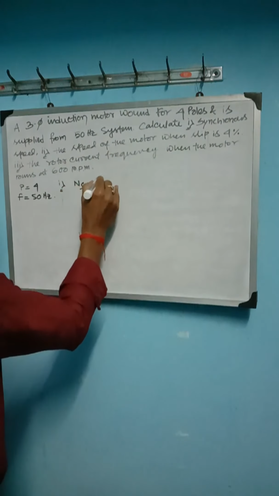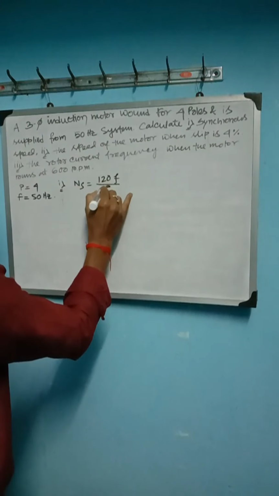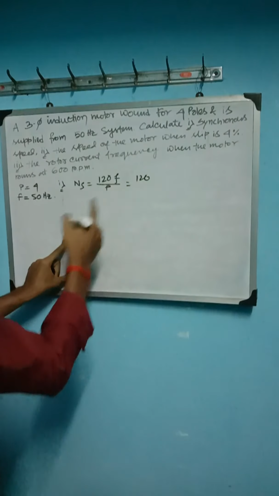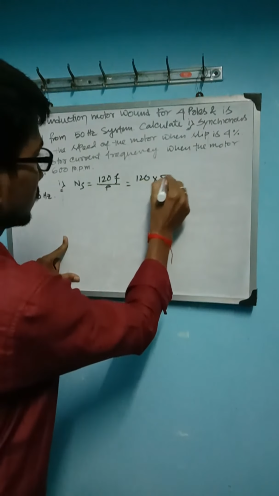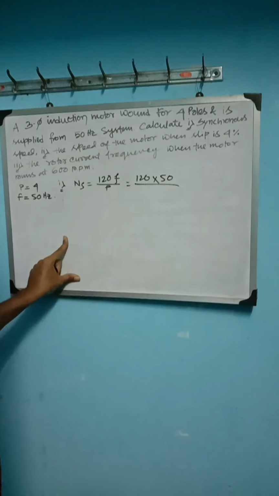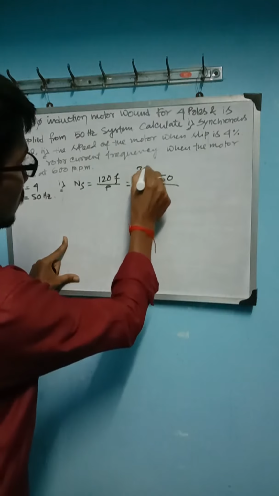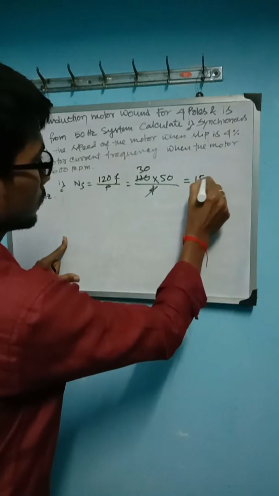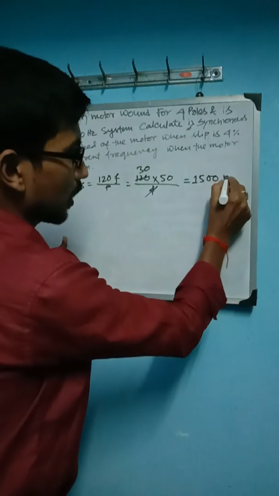Ns equals 120 F by P. Here F, the supply frequency, is 50 Hz, and the number of poles is 4. So the synchronous speed is 1500 RPM.